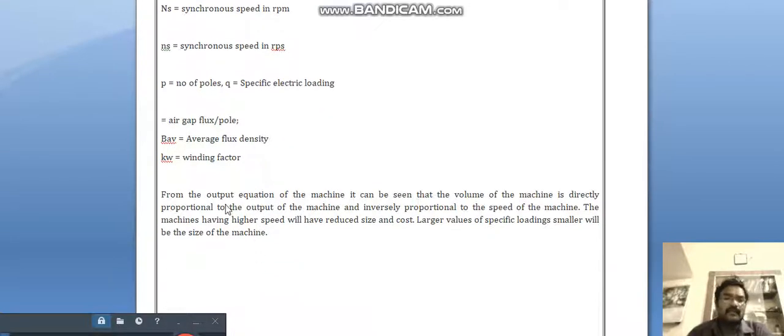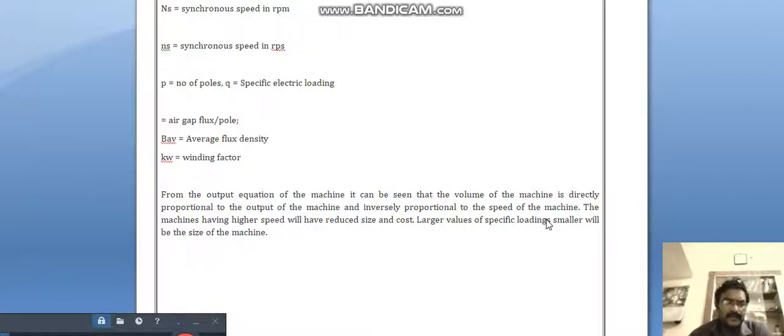From the above output equation of the machine, it can be seen that the volume of the machine is directly proportional to the output of the machine and inversely proportional to the speed of the machine. So if you want more speed, then the machine size should be small.